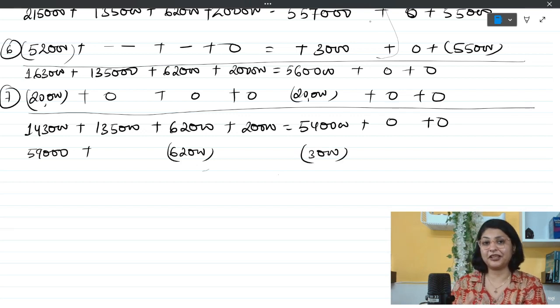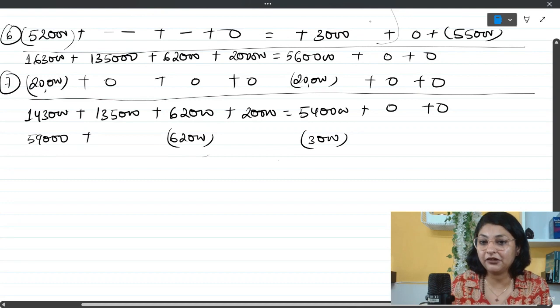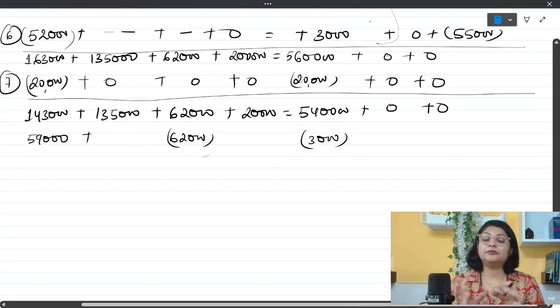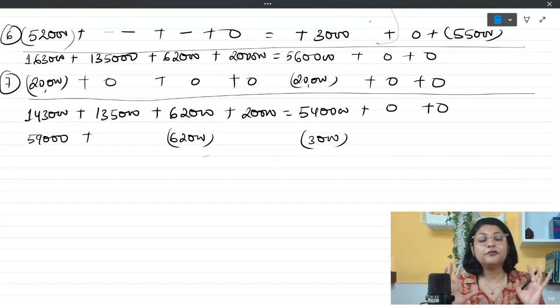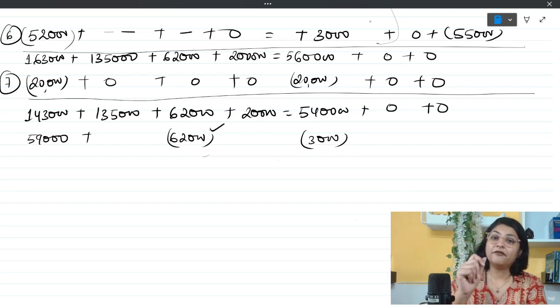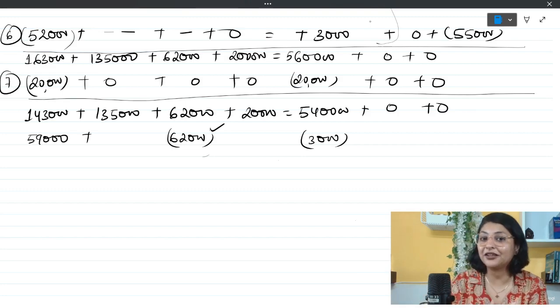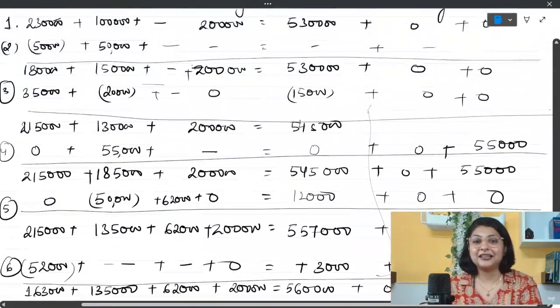Now I'm not solving it further, I'm just showing you the impact of it. I hope you are understanding. 59,000 I'm receiving from my debtor, but I am writing it off completely because in full settlement we have got. So here I am going to deduct 62,000, whereas this 3,000 rupees discount is a kind of expense or loss which has to be deducted from capital.